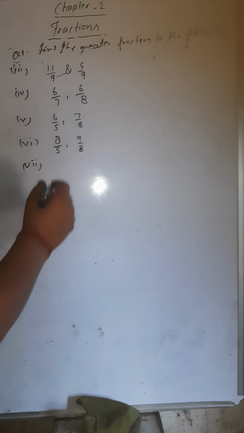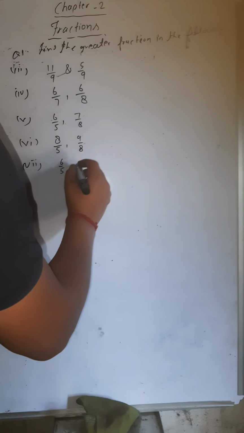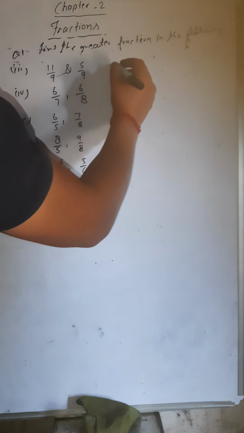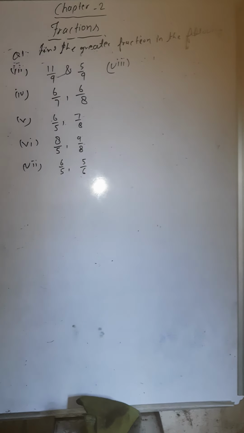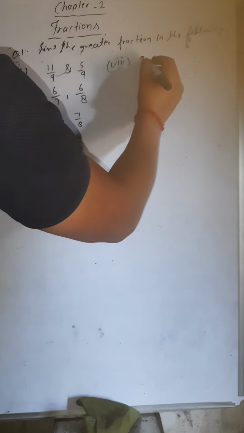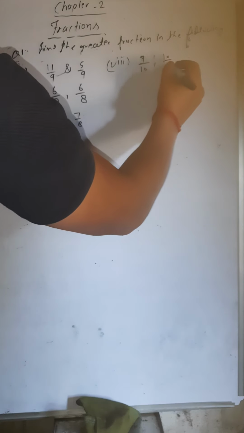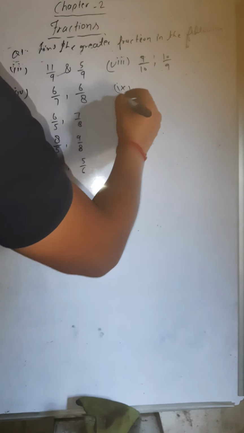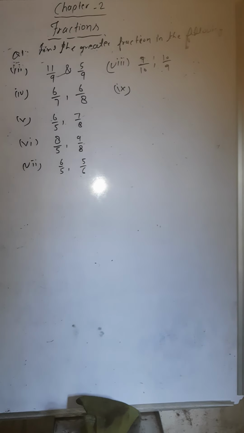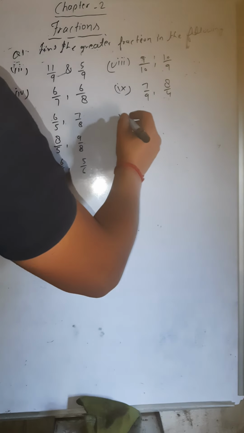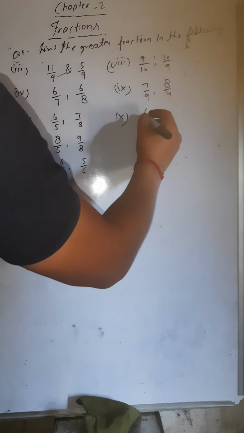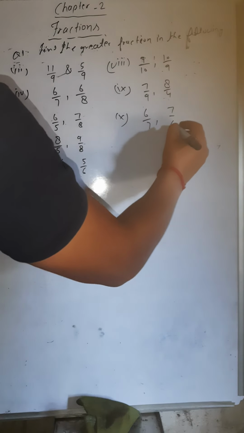Question number 7: 6 by 5, 5 by 6. Question number 8: 9 by 10 and 10 by 9. Question number 9: 7 by 9, 8 by 4. Then question number 10: 6 by 7, then 7 by 6.